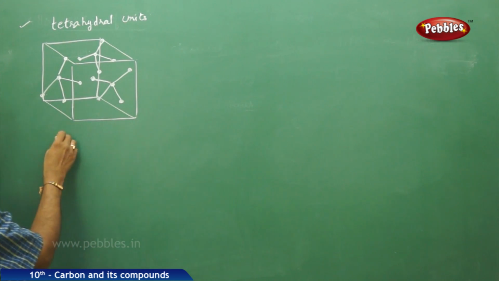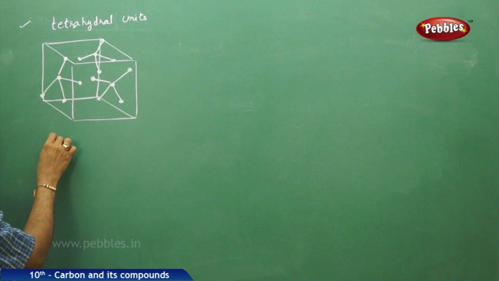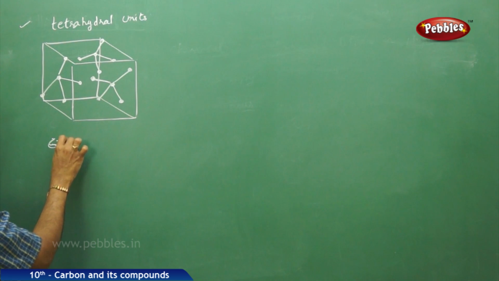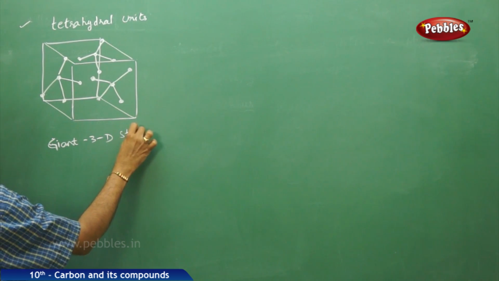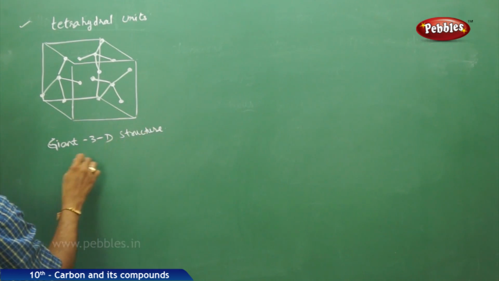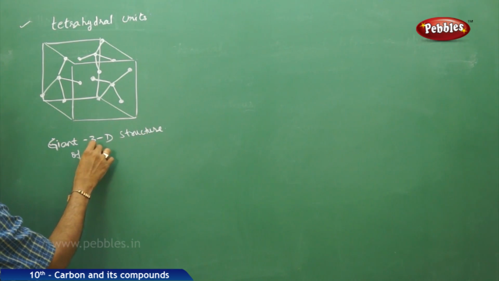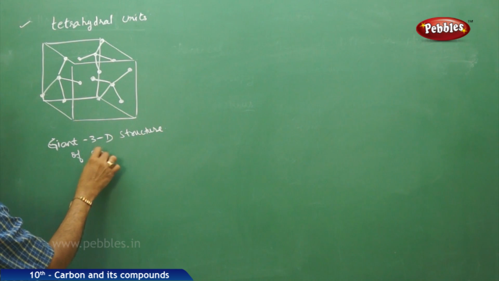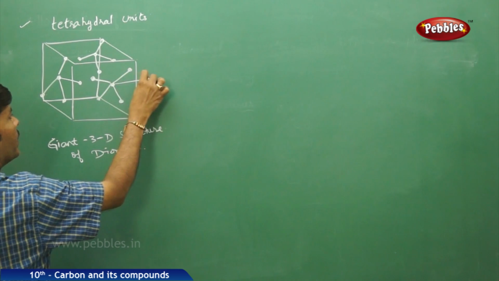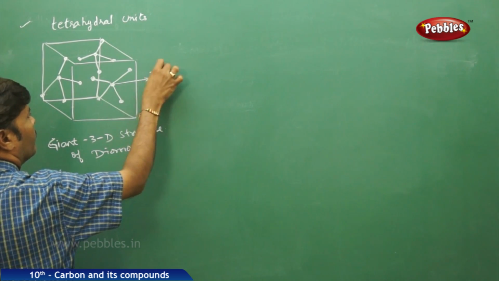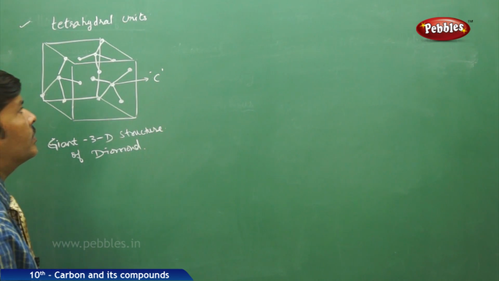So this is giant three-dimensional structure of diamond, and each dot represents a carbon here.